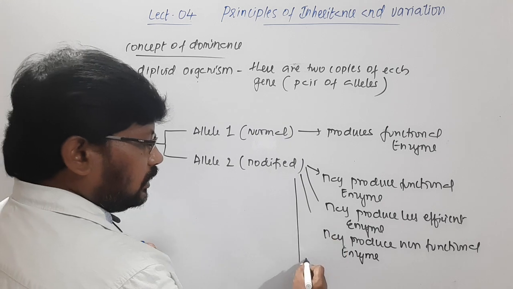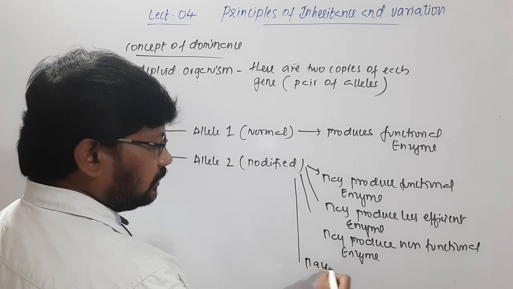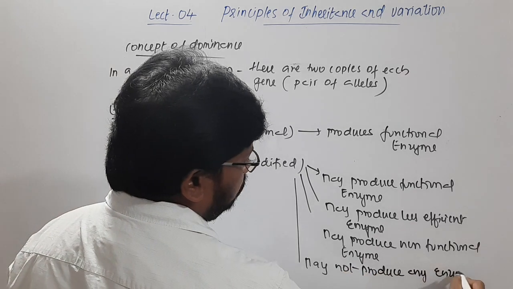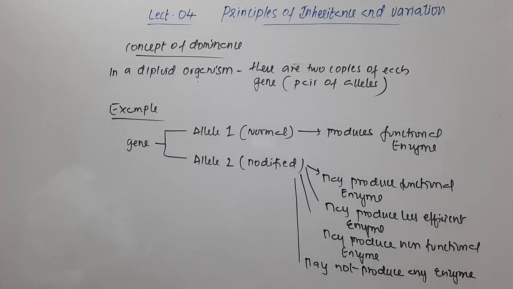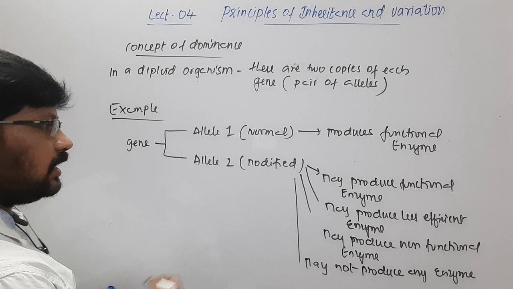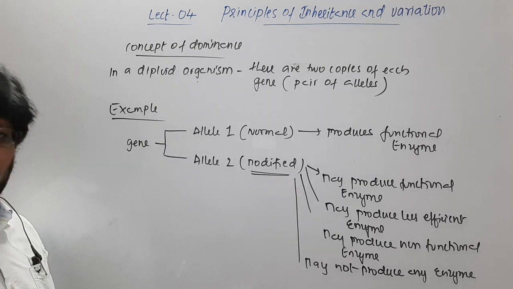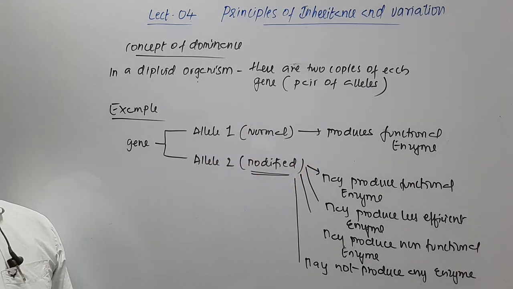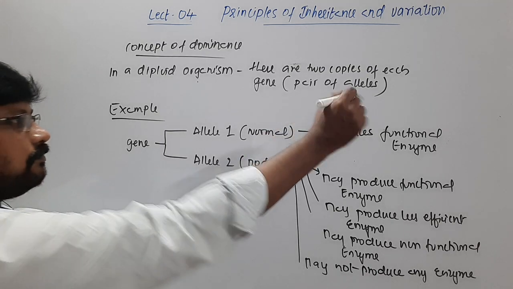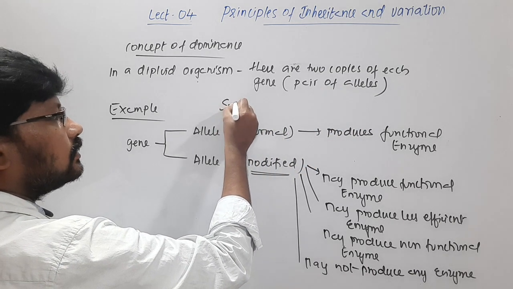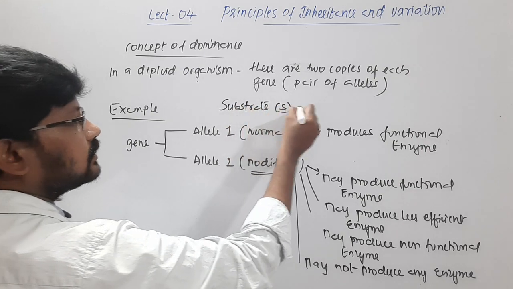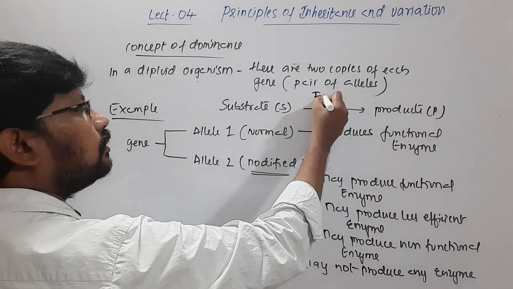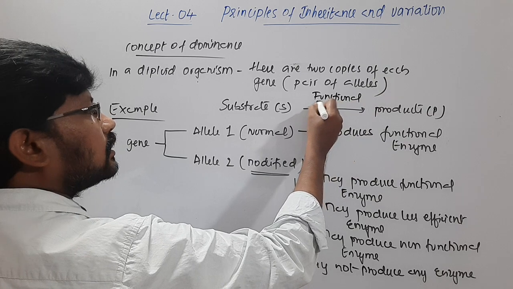And another possibility is that it may not produce any enzyme. So these are four possibilities with the modified gene, whereas the normal gene will produce the functional enzyme all the time. That functional enzyme is going to convert the substrate S to products, with the help of the functional enzyme.